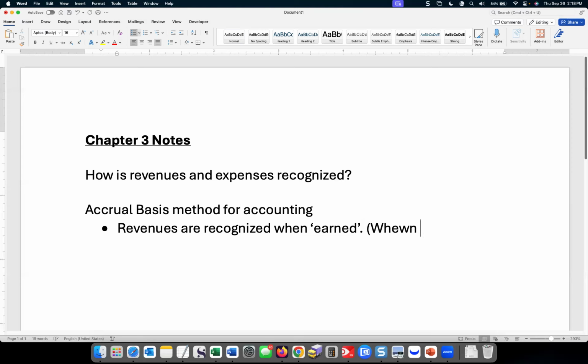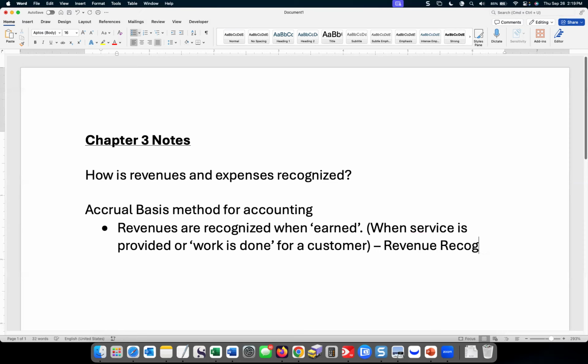I'll put in parentheses, when service is provided or work is done for a customer. And that literally is the revenue recognition principle.